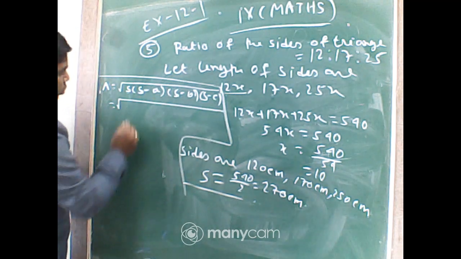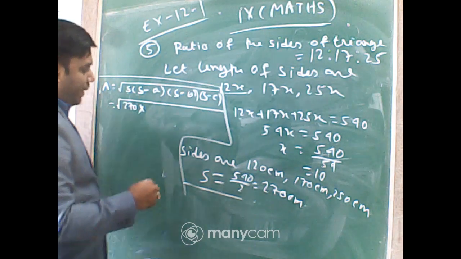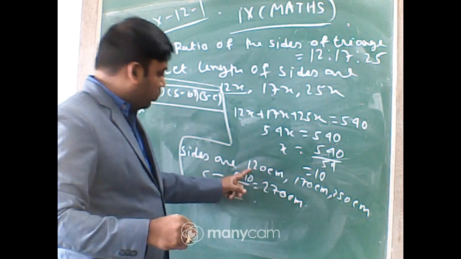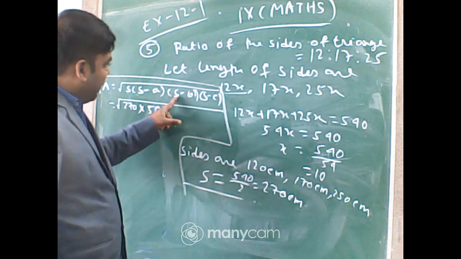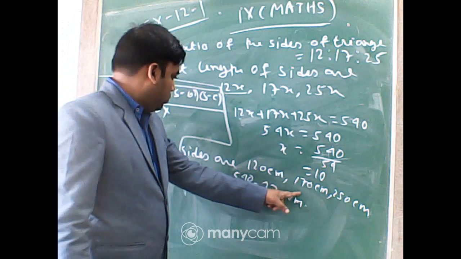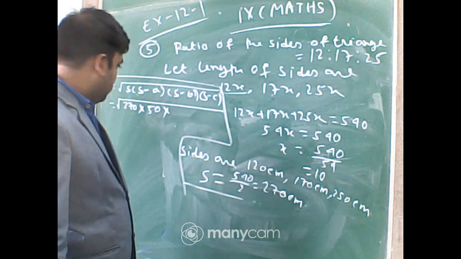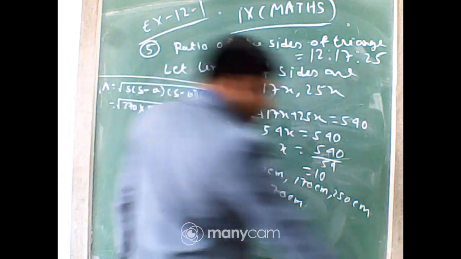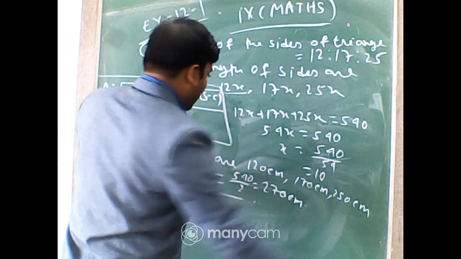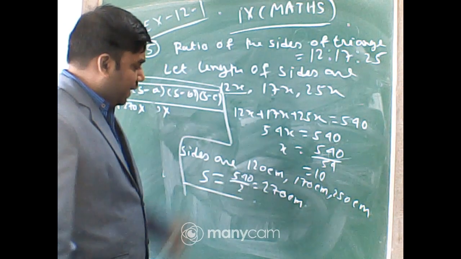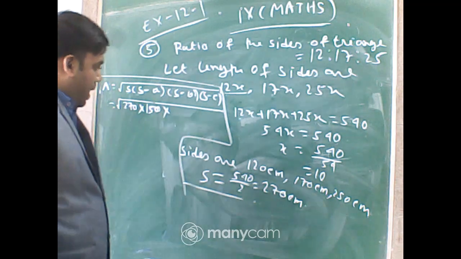So area is equal to root of 270 into 270 minus 120, that will be 150. Sorry students, 270 minus 120 is 150, not 50 only. Okay.